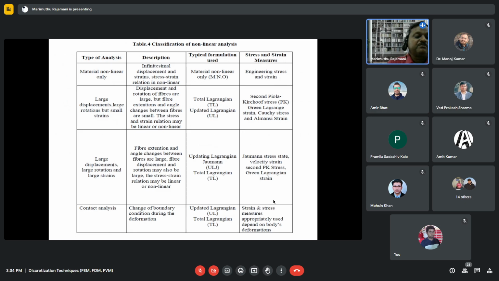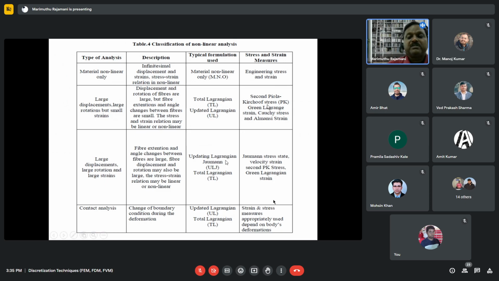Then large displacement, large rotation, and large strains: use updated Lagrangian formulation and total Lagrangian formulation. The parameters will be different actually.